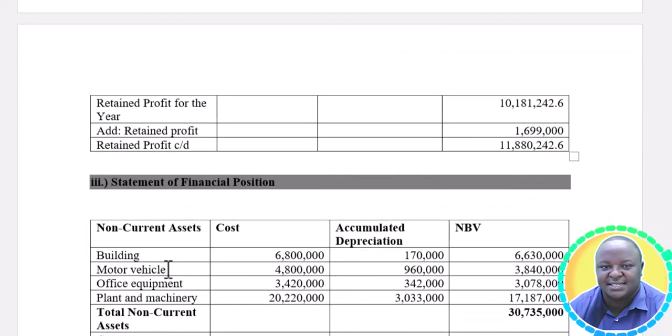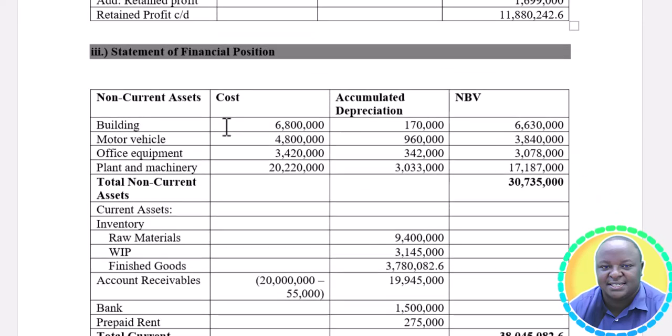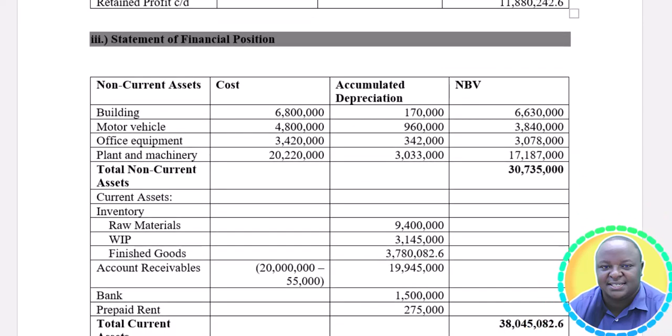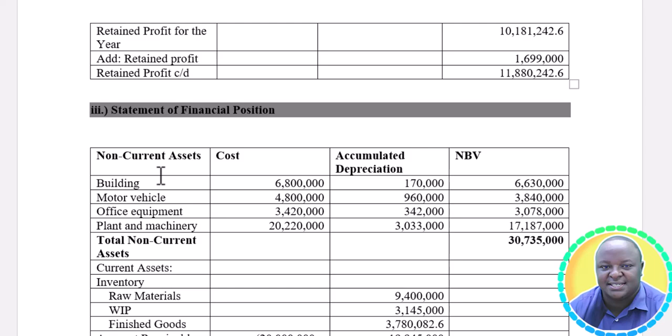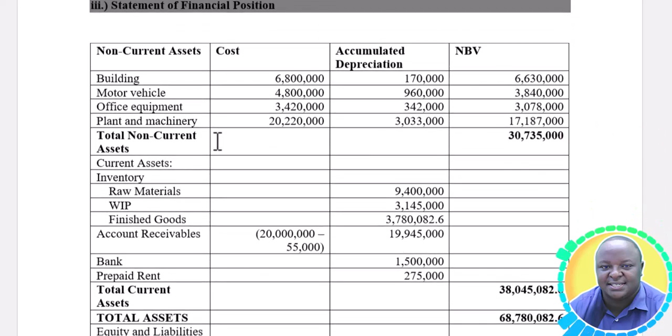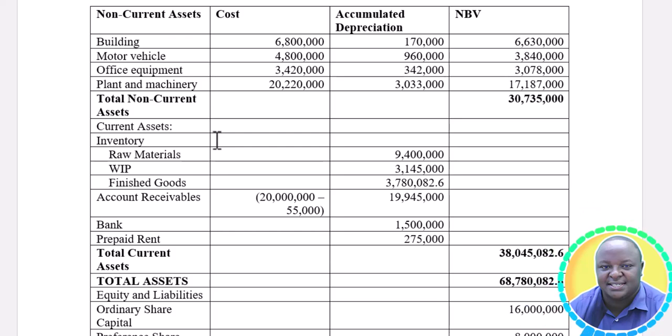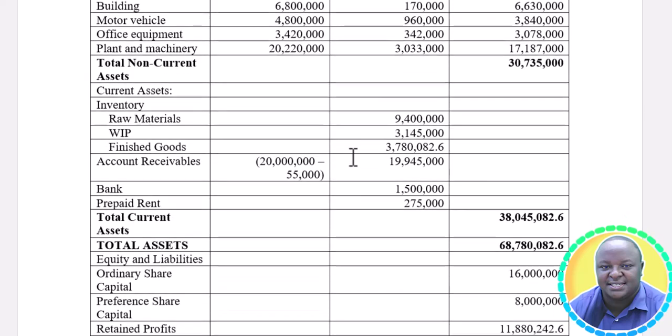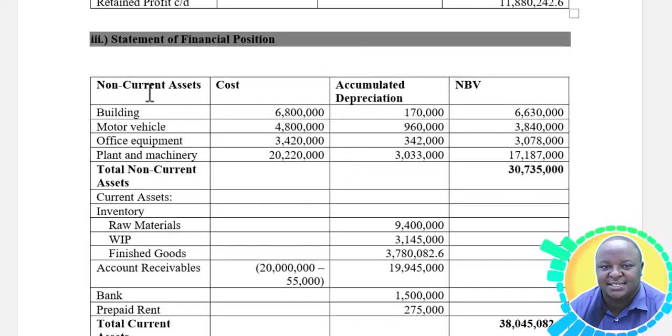So if you do that, you can still use the same information, and you can prepare the statement of financial position. We have not been asked that, but I have prepared it here. It's good that you can also, for the purpose of ensuring that the information is correct, or you might be asked in the next question to prepare a statement of financial position.